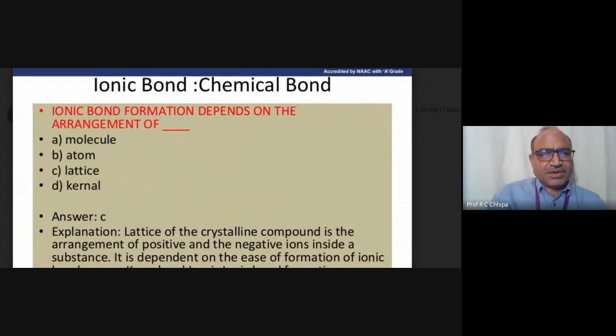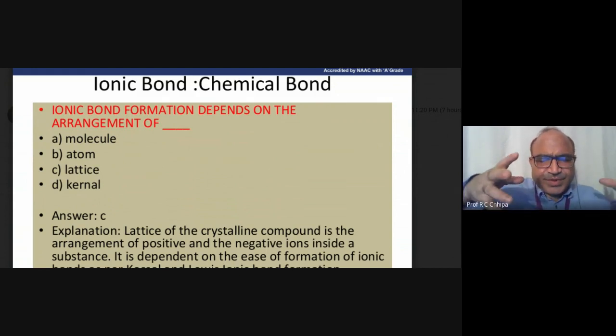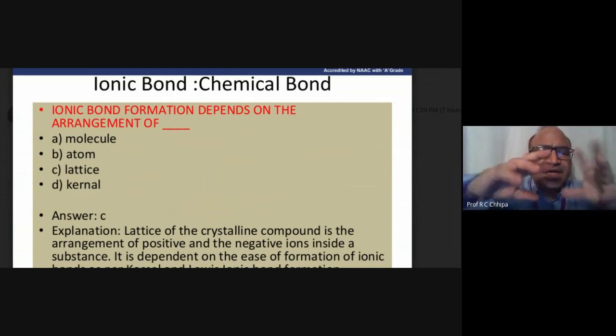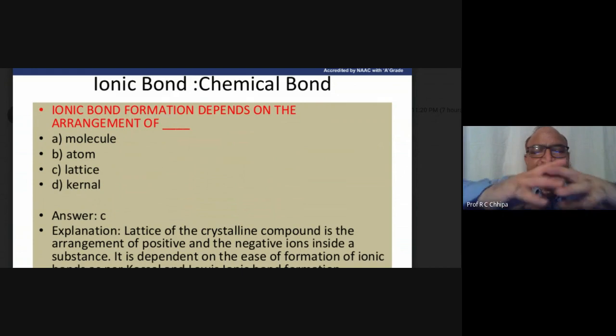Now there is the question: ionic bond formation depends on the arrangement of what? One more thing: because of the electrostatic forces, they form a network, and those are called lattices. The arrangement of cations and anions forms a specific structure, which is why these compounds are solid in nature.